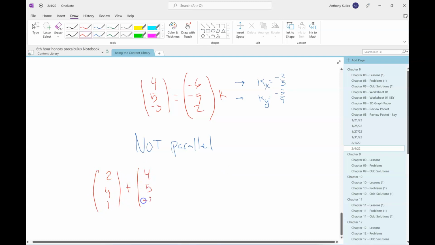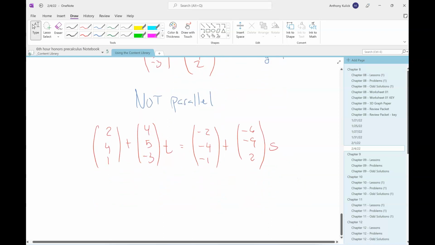So this was just like what we did with 2 dimensions. Everybody's okay with my initial setup here?